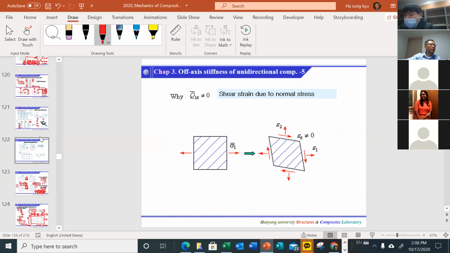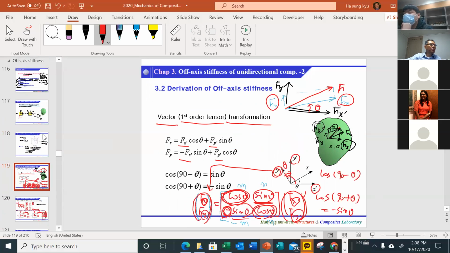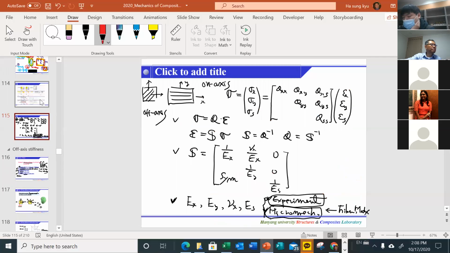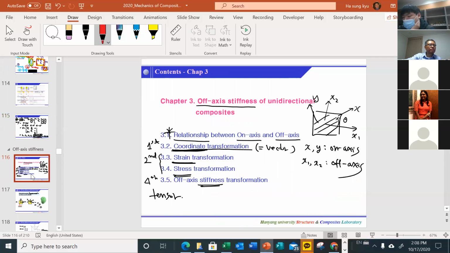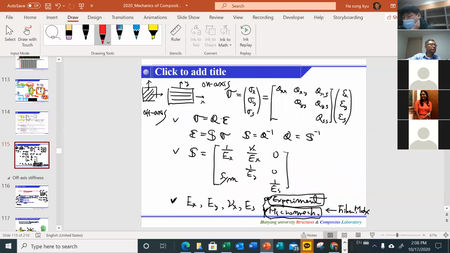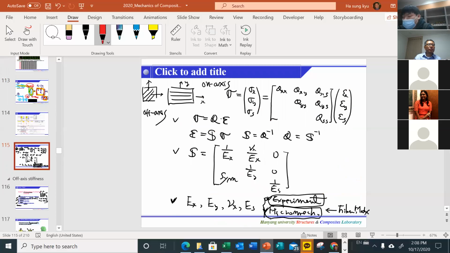Just one reminder about the Q matrix. You can see actually this is the Q on axis. We have this is actually a 0, right?